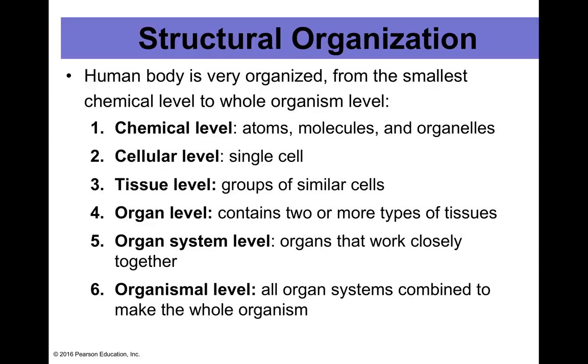Now, if I take these different tissues and combine them together, I get to the higher level, level number 4, which is referred to as the organ level. The organ level is defined as two or more types of tissue working together to make it possible for an action to be completed. For instance, your heart is made up of muscle tissue, which we refer to as cardiac muscle tissue.